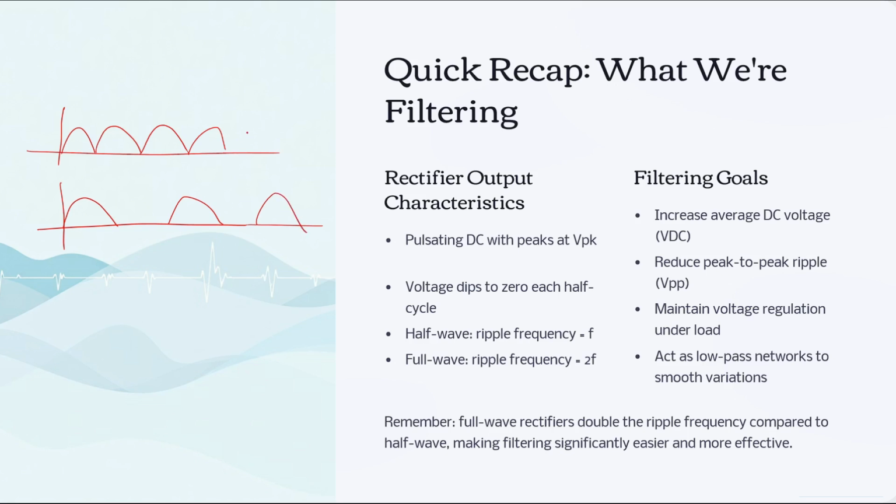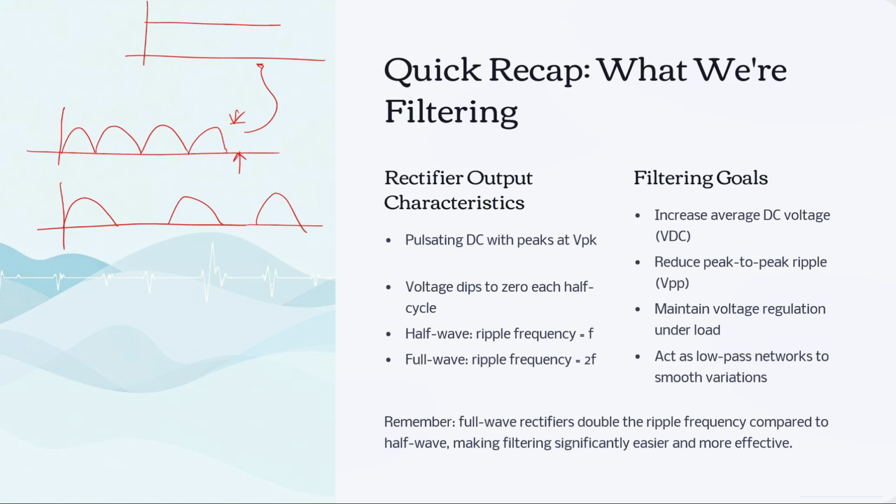They have ripples, meaning variation of the waveform. These ripples have to be converted into a DC signal. Filters are used to remove these ripples and produce a steady, smooth DC suitable for radios, chargers, sensors, digital circuits, and in fact everything.